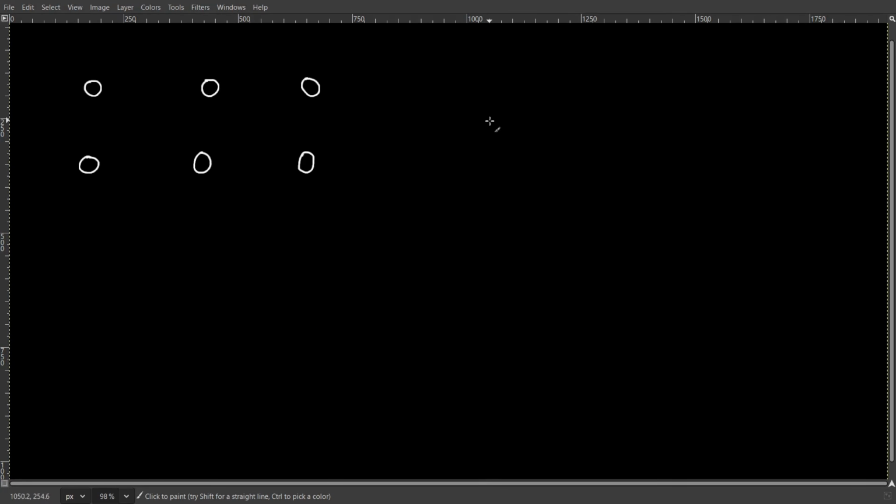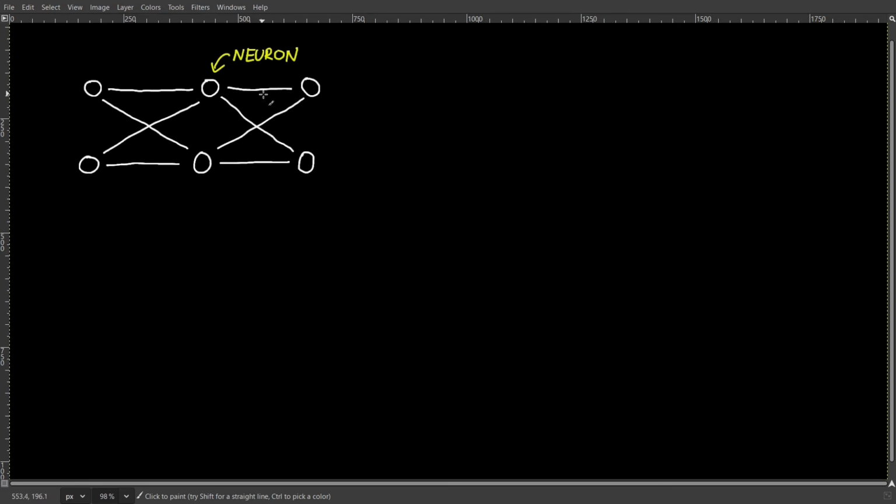But okay, let's start with backpropagation. I will give you an intuition on how it works in principle using this simple, fully connected neural network. In here, every circle represents a neuron. And just like neurons in your brain are connected in many different ways, so are the artificial neurons in neural network algorithms.